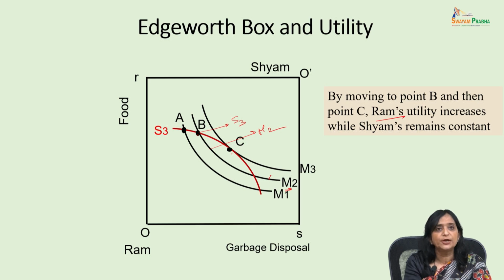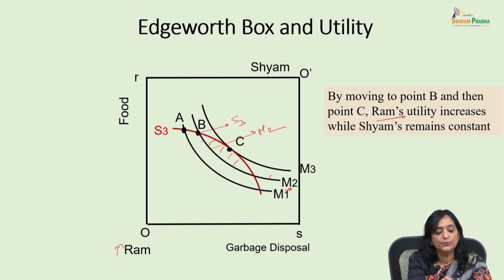So, in this particular region, I am trying to see, can I make one particular consumer better off by changing his reallocation of resources, by redistributing food and garbage disposal in such a way that for Ram his utility increases.